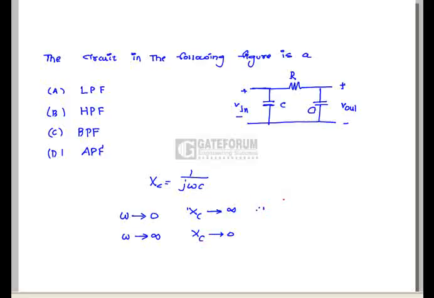In the first case, where ω tends to 0, the capacitor acts as an open circuit, whereas in the second case, where ω tends to infinity, the capacitor acts as a short circuit.